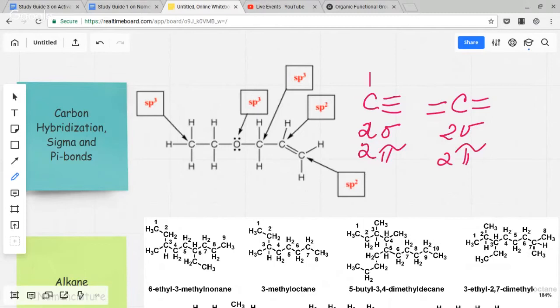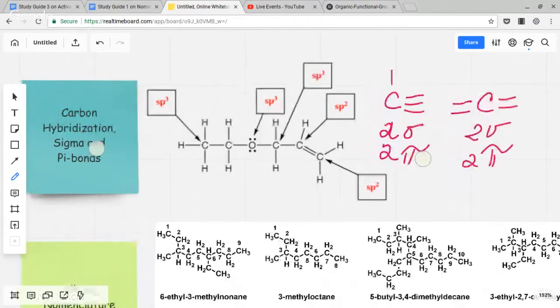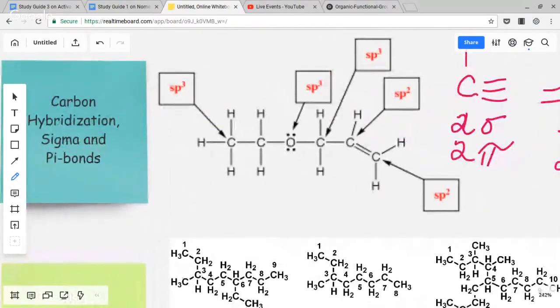Okay? So oxygen here, if you count the total, can you count it for me right now? If you count the total sigma for this compound on your screen, how many do you think is the total here? I'm enlarging it right now. Can you please count how many is your total sigma for this compound? Paul, can you count it?